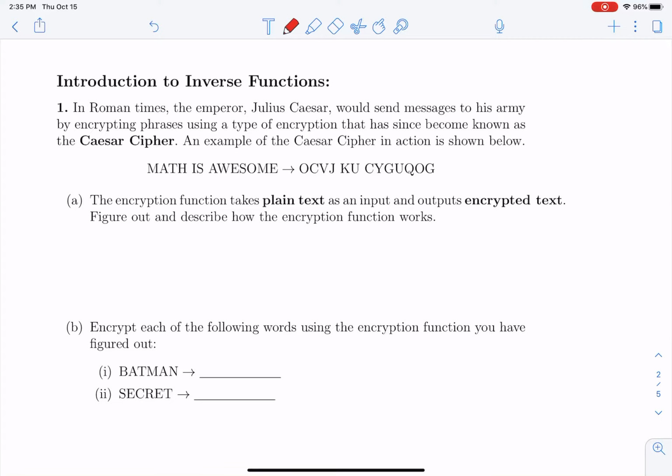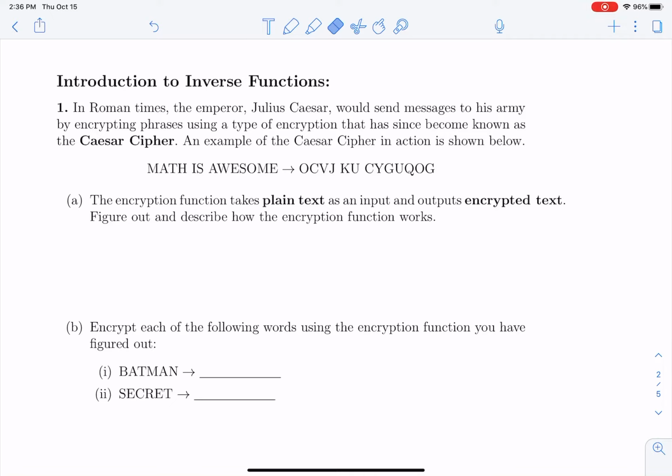An example of the Caesar cipher in action is shown below. We have this sentence, math is awesome, and Caesar is doing something to the letters in that sentence to create this new gibberish sentence.